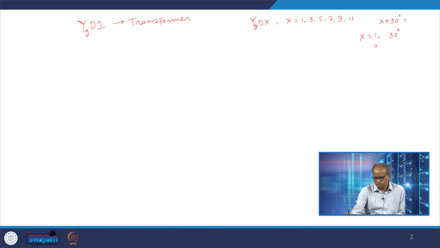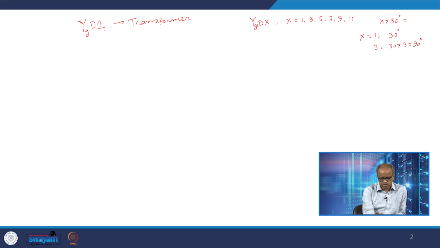If x is equal to 3, then this phase difference would be 30 into 3, that is 90 degrees, and so on. And when we talk about this phase difference, we are saying that the delta side phase A voltage would be lagging the star side phase A voltage by x into 30 degrees.